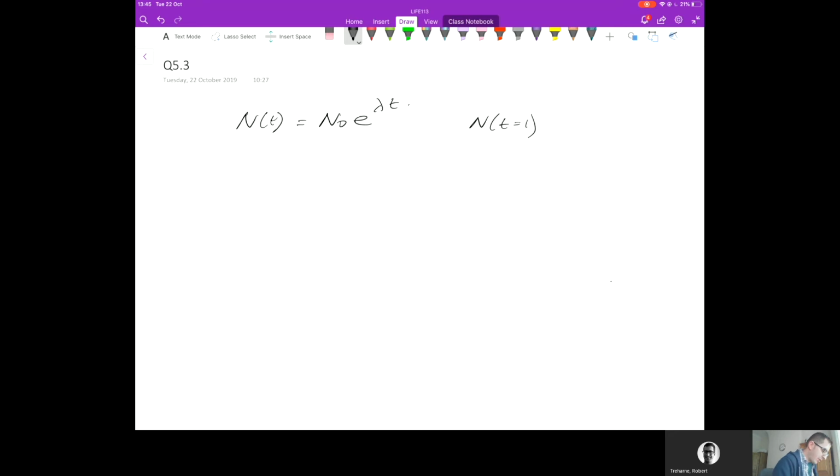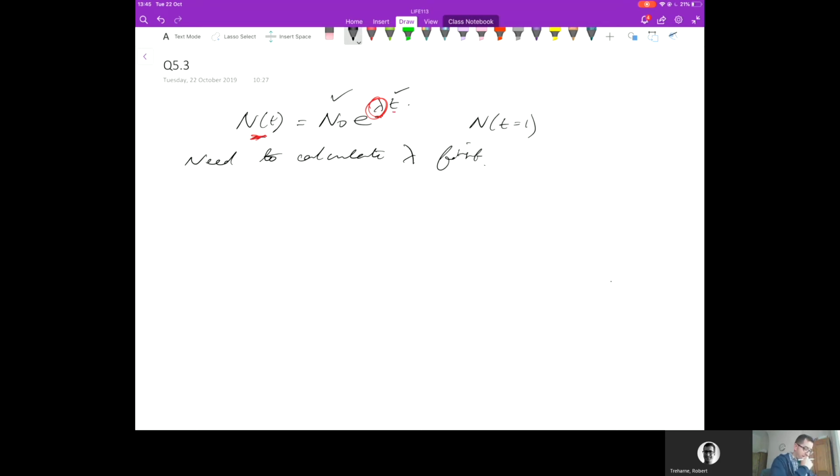I know the time, but I don't know lambda, which means I can't find this. So I need to calculate lambda first, in order to calculate the value at any given t. So let's calculate lambda.